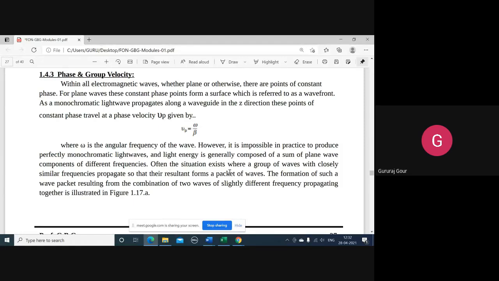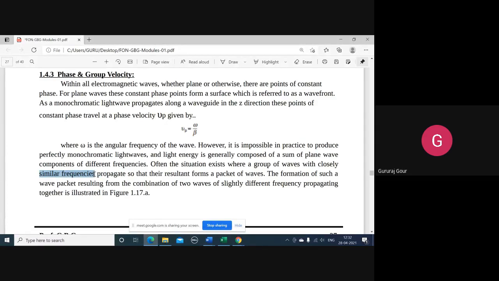We want monochromatic light waves in theory, so practically we try to do the same thing using multiple wave components having similar frequencies, not the same.